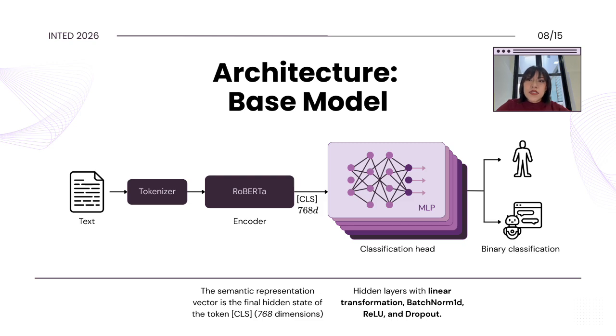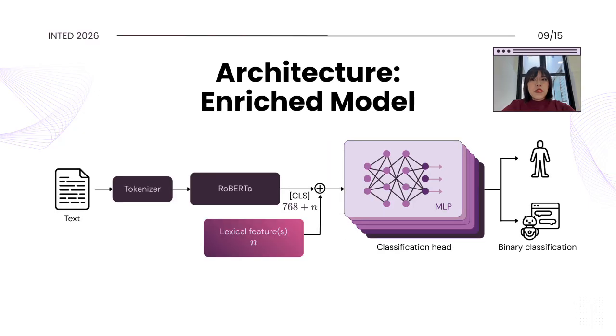This vector is then fed directly into a multi-layer perceptron classification head to make the binary decision. Now, comparing that to the enriched model, we use the exact same RoBERTa backbone, but with a key difference. We concatenate the CLS vector with our lexical feature vector. This combined tensor is then passed to the multilayer perceptron.